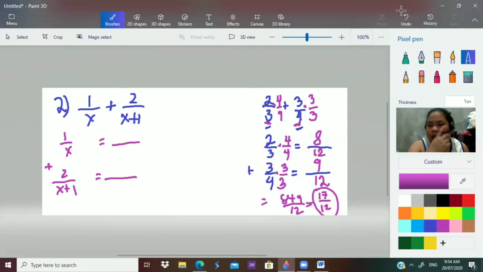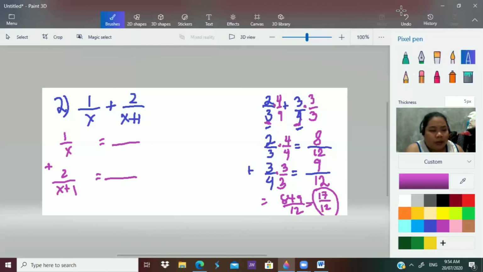Kaya minsan hindi ko siya tinuturo kasi hindi naman naiintindihan. So naghanap ako ng ibang way. Kung paano nila magagawa ng tama kahit na hindi nila naiintindihan yung ibang technique, yung ibang solution. But still we come up on the same answer and justifiable pa rin siya.